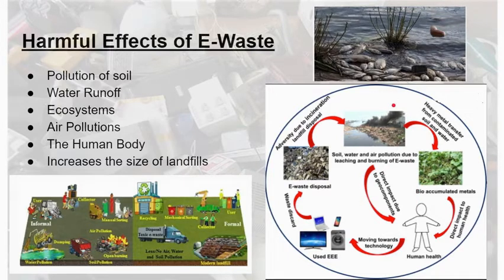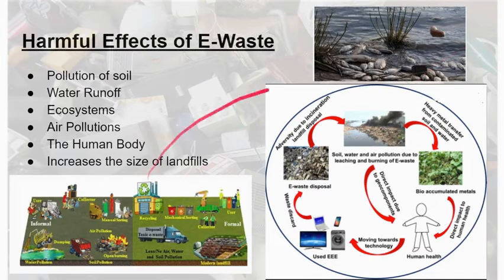And then it's indirect impact when heavy metals or chemicals transfer and contaminate our soil or water. So this affects the plants and vegetables that we eat or consume, and so that can harm us too.